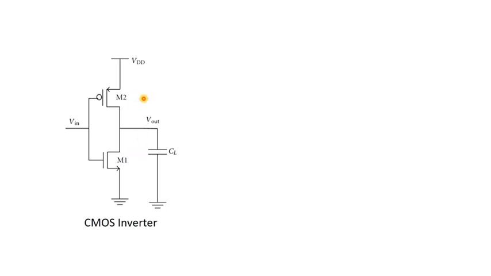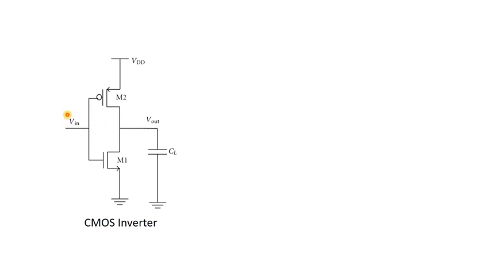Please try to recall the discharging situation in the case of other NMOS inverters, where instead of this PMOS you have either one resistance or one enhancement load or one depletion load, which are not completely off when V input is equal to 1, or the V input is high.